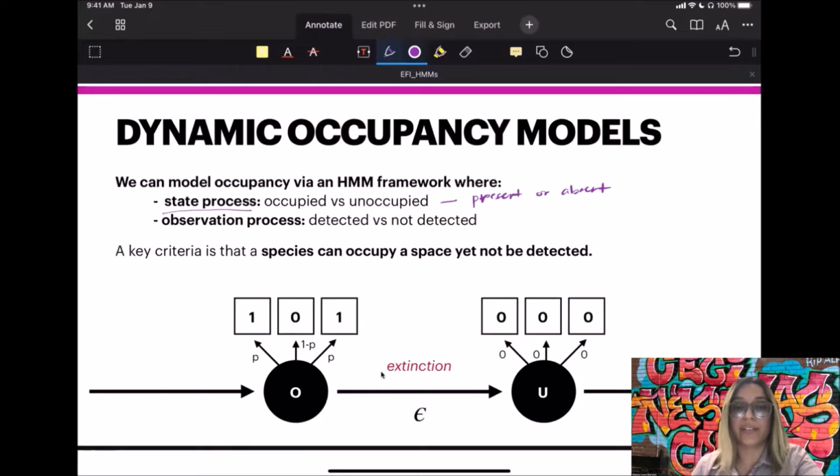The observation process is similar to capture-recapture in that it's detected versus not detected. And a key criterion is that a species can occupy a space yet not be detected. So similar to capture-recapture, we have 1 meaning it was detected, and 0 meaning not detected.